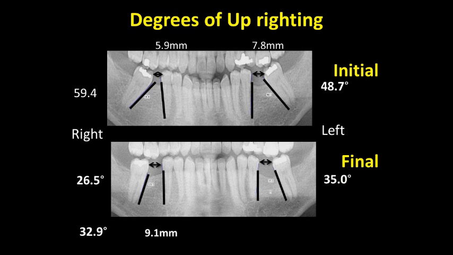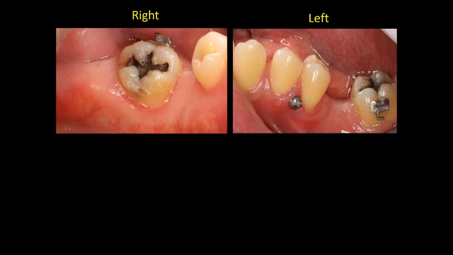And once we're through, the final is going to be 35.9, and if we subtract that from 48, we're only uprighting 13.7 degrees. And the space created is going to be 9.2, and ideally the space between the premolar, as we pointed out earlier, and the second molar is 10.